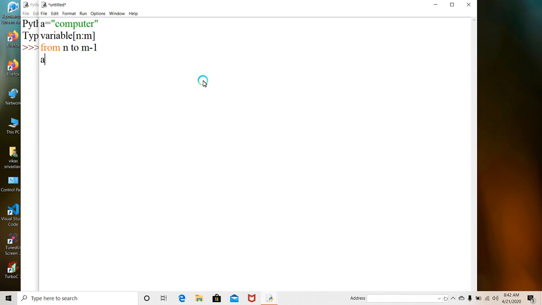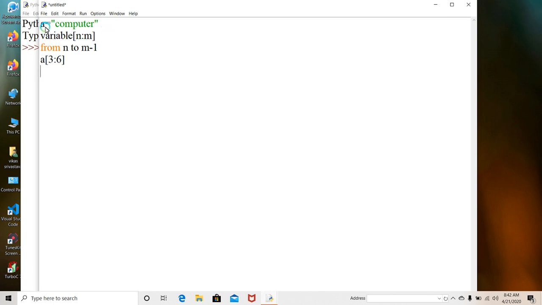If we write a of 3 to 6, it returns the values from the third index up to m minus 1, so where n is 3 and m is 6, it returns 3 to 5. Clear? See how string slicing works.